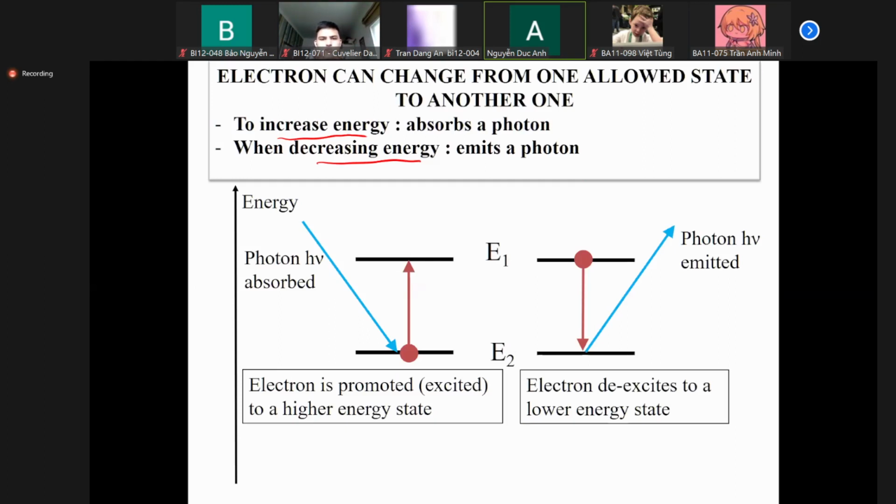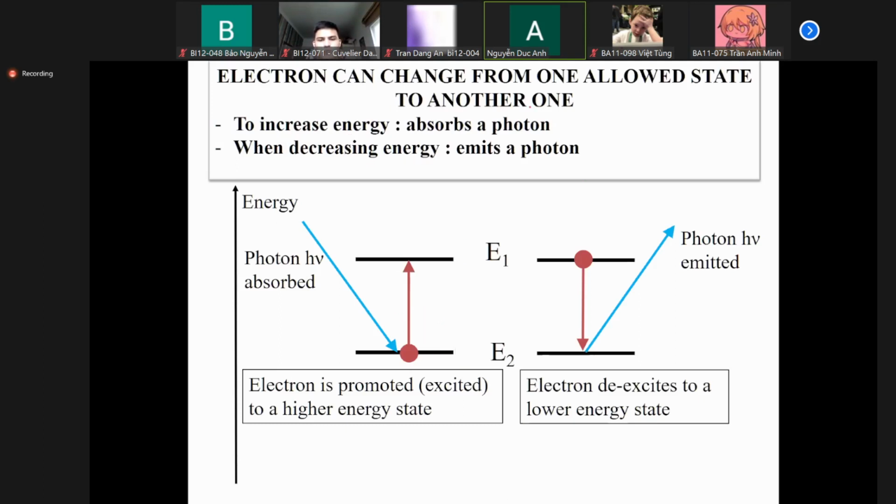We don't have non-allowed states, which means the electron can move only from n equal to 1, n equal to 2. You will never see an electron jump from this position to this position. You don't have that allowed state.